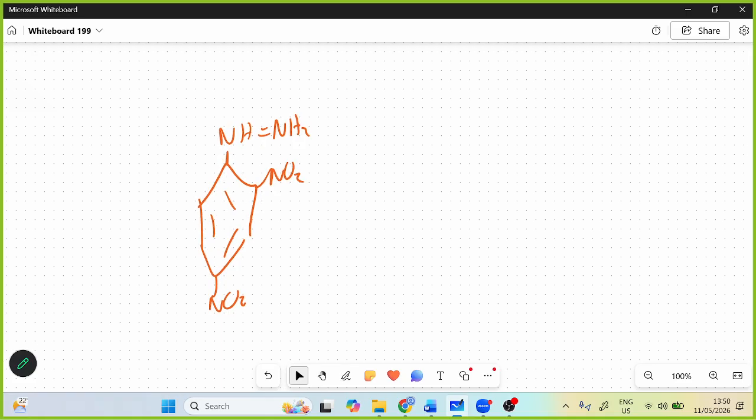Okay, so when it reacts, it forms a double bond, so CH3. This is with ethanal. And this is with propanone.